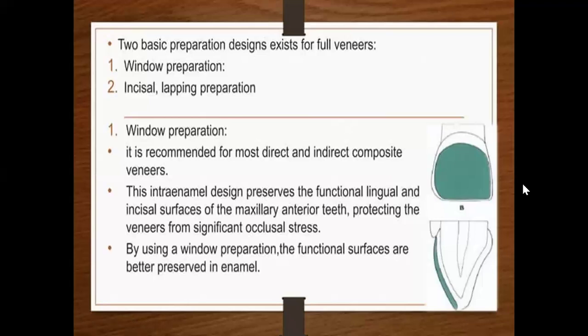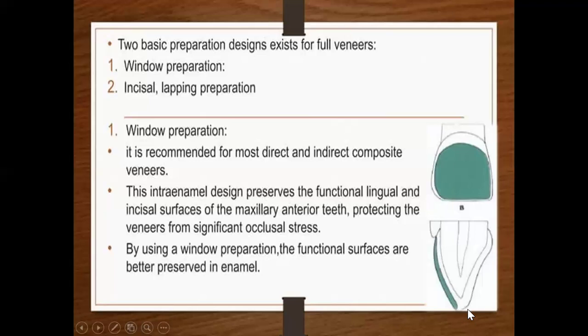In this, the preparation is designed such that it involves the anterior surface, and none of the occlusal stress will interfere in this type of preparation. By using a window preparation, the functional surfaces are better preserved in enamel.